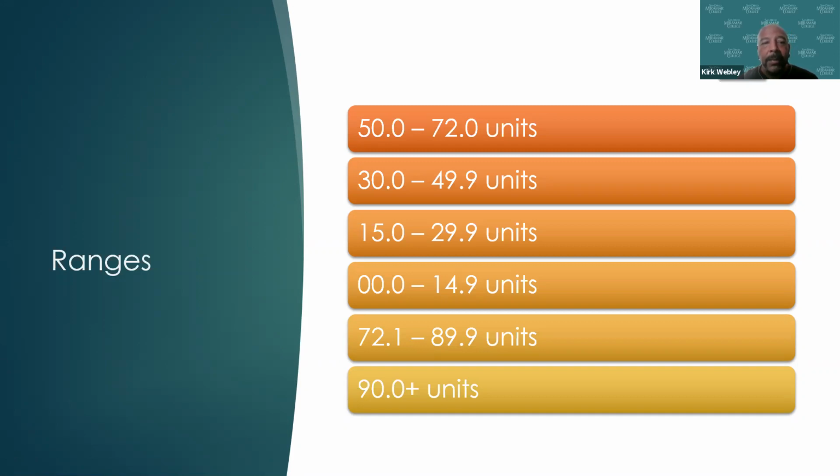The second group in terms of the range is those individuals with 30 to 49.9 units. Again, you've been taking a lot of courses. You are now halfway or close to maybe 3/4 completion. And again, you are looking for specific courses, and we want to make sure those particular options are available.